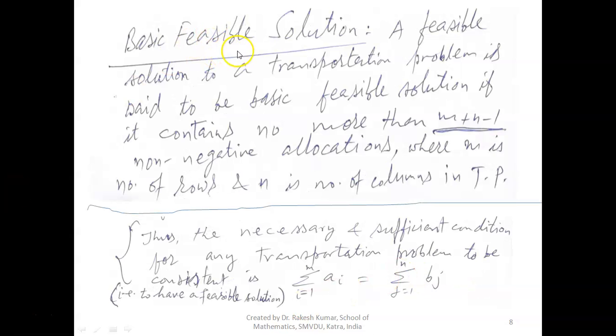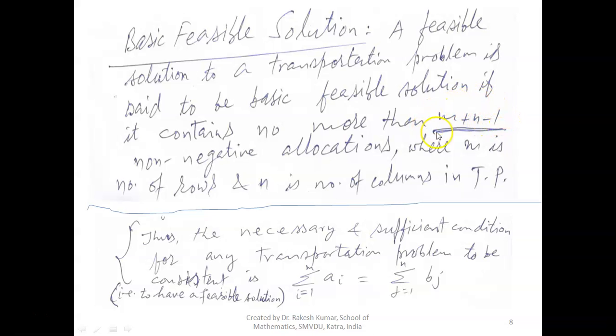Now coming to feasible solution, a feasible solution to a transportation problem is said to be a basic feasible solution if it contains no more than m plus n minus 1 non-negative allocations, where m is the number of rows and n is the number of columns in the transportation problem. So what does this mean? You sum up the number of rows and columns and subtract 1.